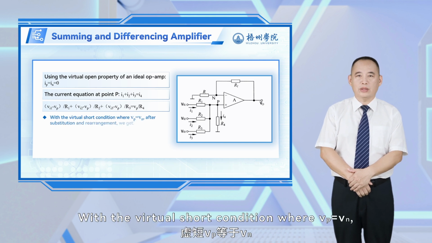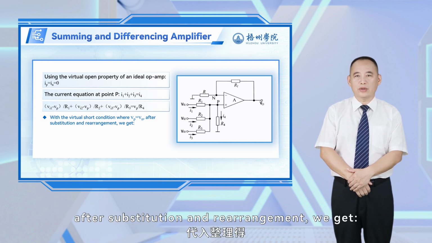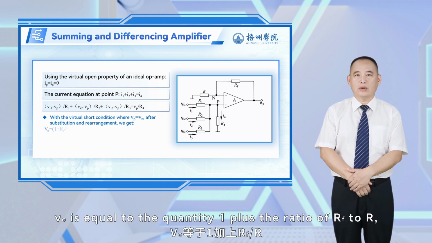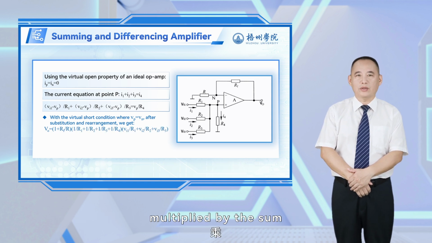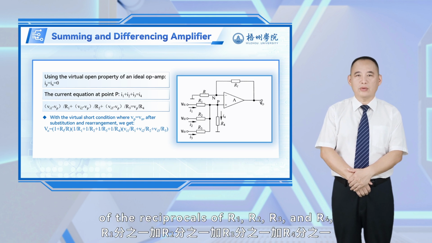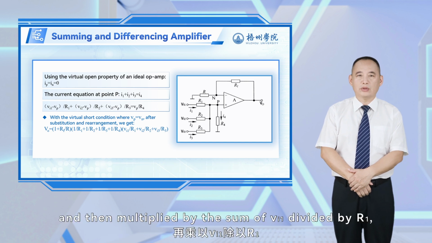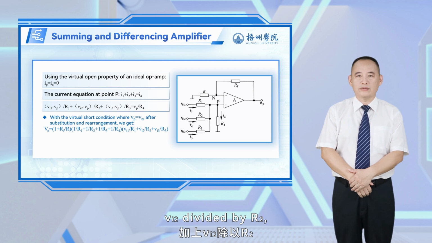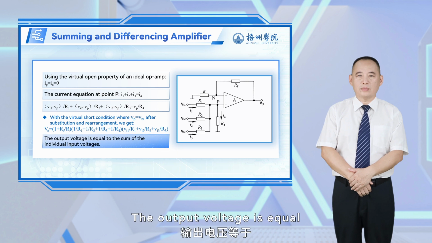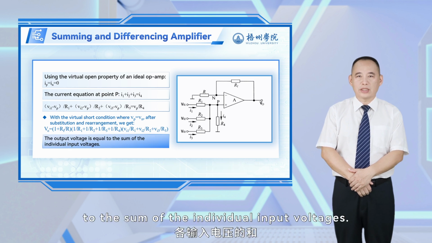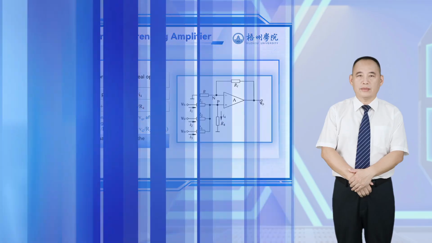With the virtual short condition where Vp equals Vn, after substitution and rearrangement, we get Vo is equal to the quantity 1 plus the ratio of Rf to R, multiplied by the sum of the reciprocals of R1, R2, R3, and R4, and then multiplied by the sum of Vi1 divided by R1, Vi2 divided by R2, and Vi3 divided by R3. The output voltage is equal to the sum of the individual input voltages.